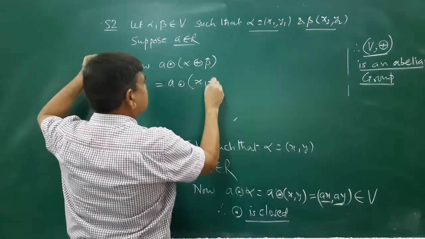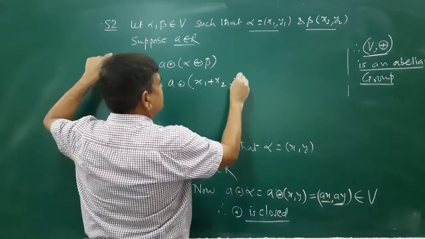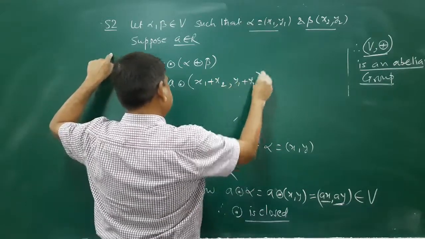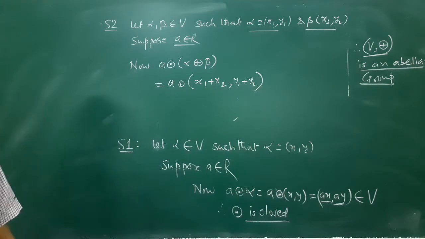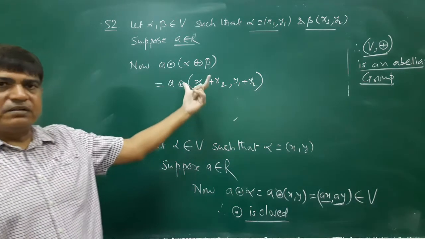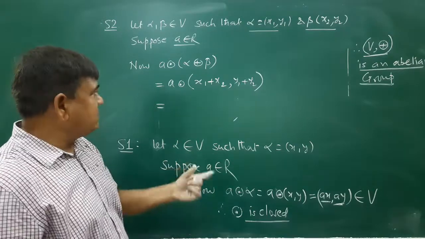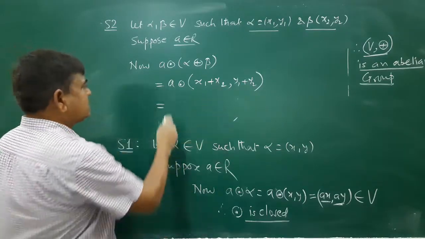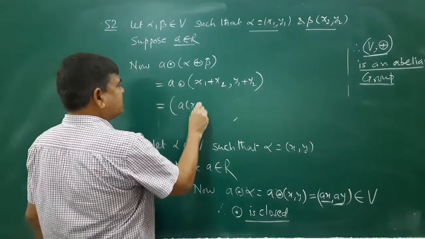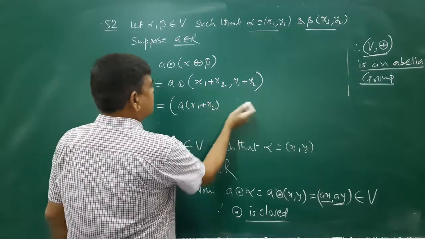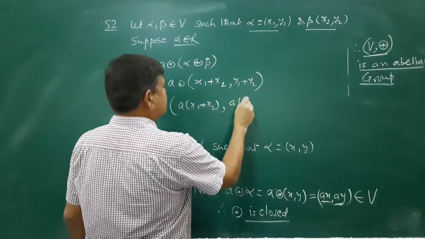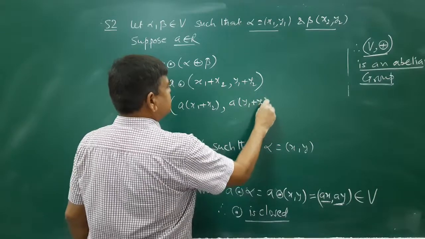It is x1 plus x2, y1 plus y2, by definition of addition composition. Here the definition is given of this scalar multiplication. So this is A times x1 plus x2 and this is A times y1 plus y2.